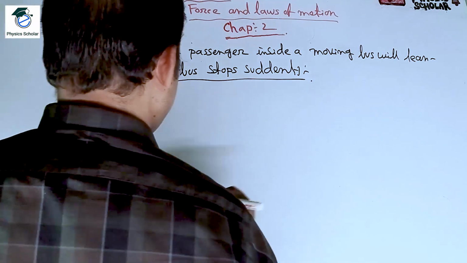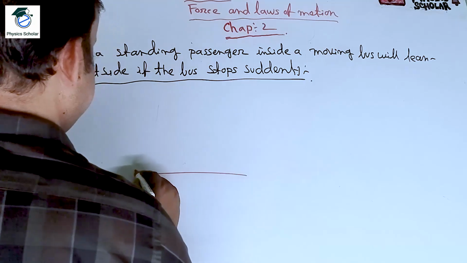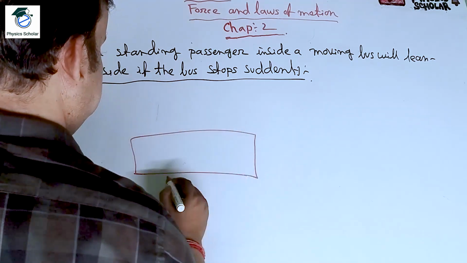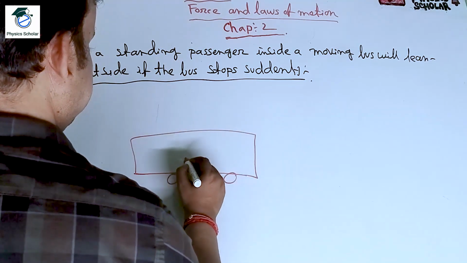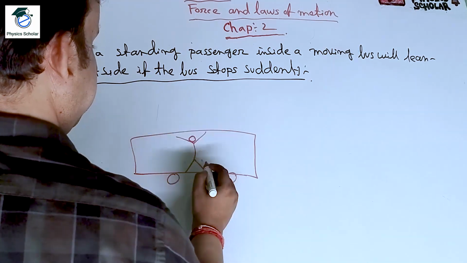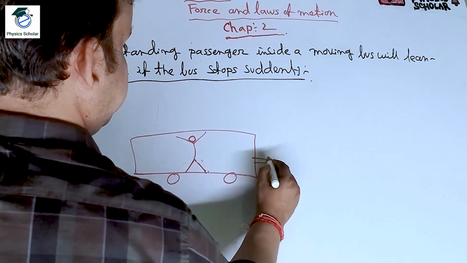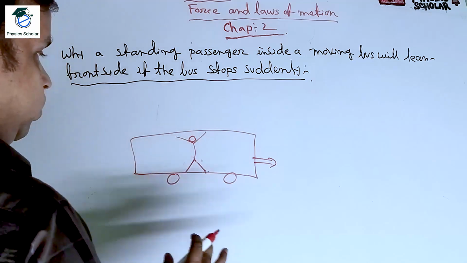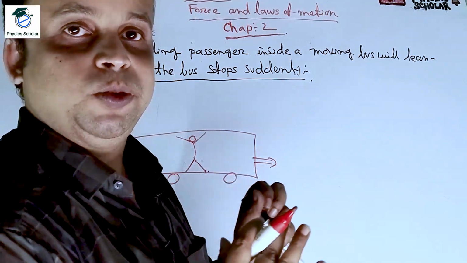So I am drawing the diagram again. Suppose this is the bus and this is the passenger. Now the bus is moving, so the passenger will also move with the bus.